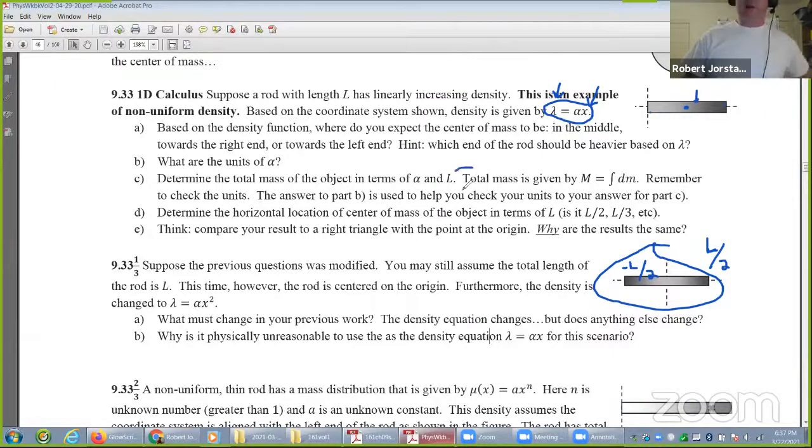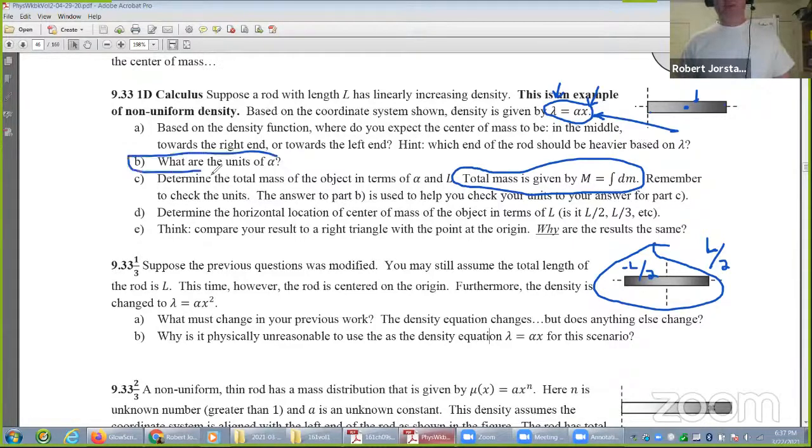And notice you can always get total mass with this equation. The process is exactly the same as the uniform case. The only difference is instead of having to derive the density using total mass over total length or total mass over total area or total mass over total volume, we just use the equation that's given to us.